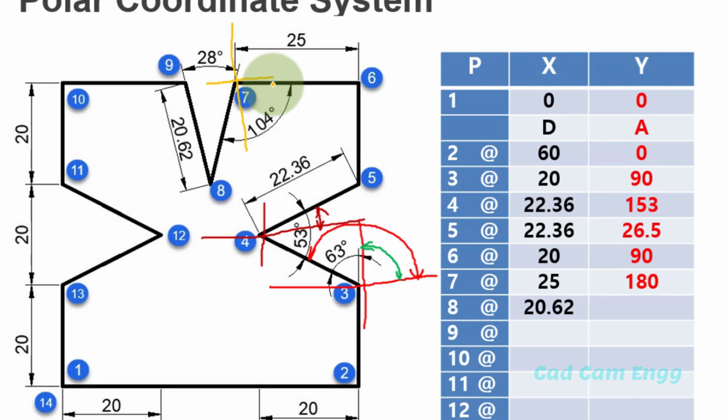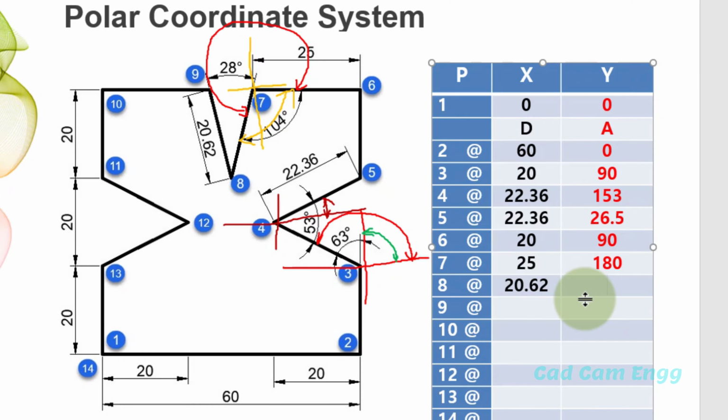We know this full value, but this value is not needed. What we need in this place is only the total angle. You know very well the total is 360. So 360 minus 104, we get the angle. The angle is 256.